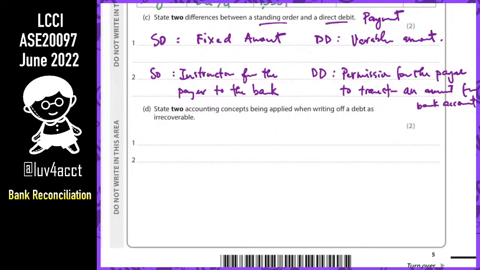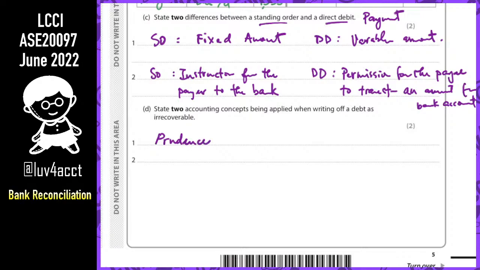Okay, next one. State 2 accounting concepts being applied when writing off a debt as irrecoverable. Why is it here? Why is it not in the first question? Okay, irrecoverable debt. So, first thing, always it is because of prudence.